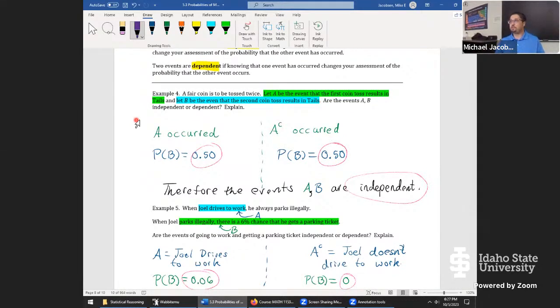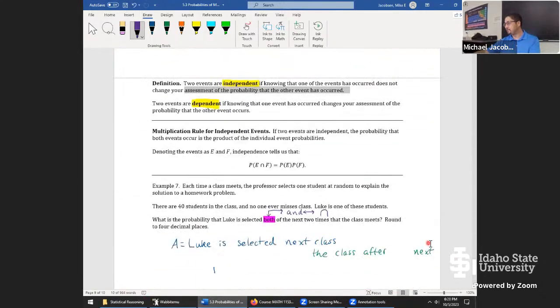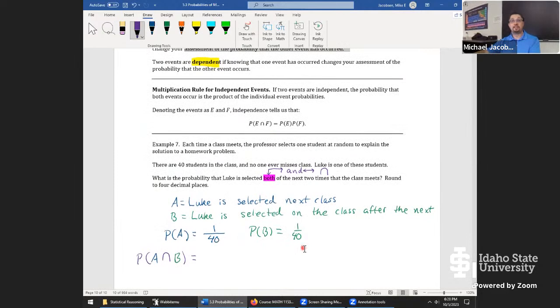This is just a larger problem. We're selecting 1 out of 40 possibilities. So whether A has occurred or not, for the coin, we get a 50% chance. But for selecting a student, say Luke 2 times, that should be 1/40th times 1/40th altogether. So this one is a situation where we have independent events. They just didn't say it altogether.